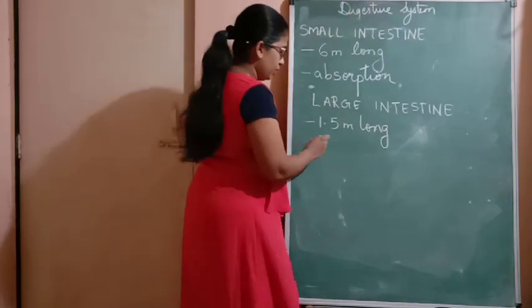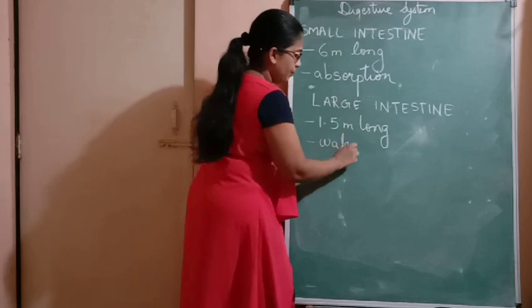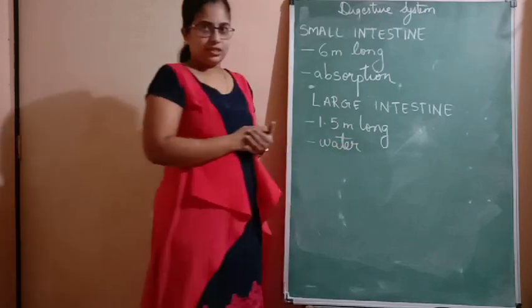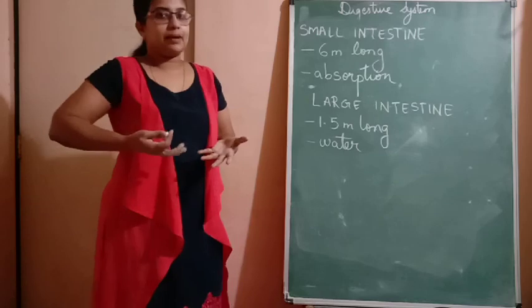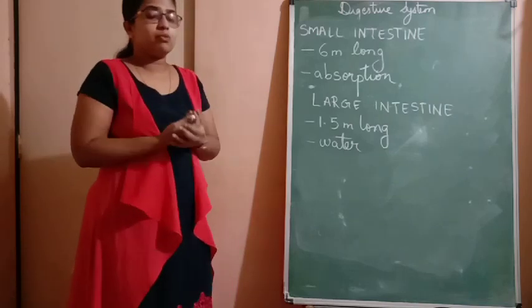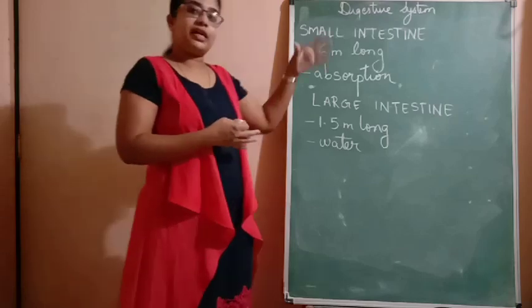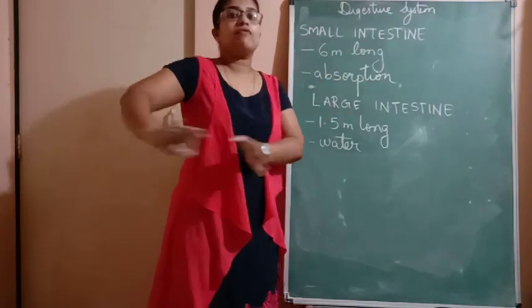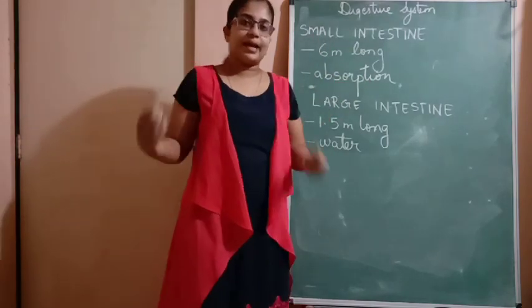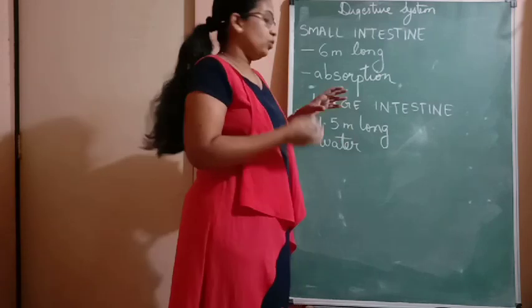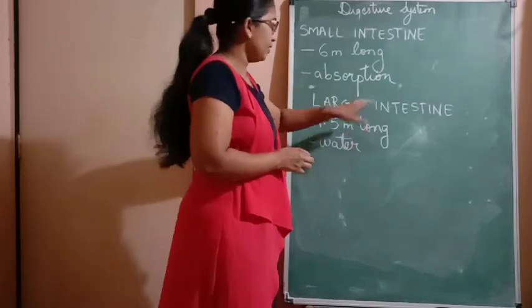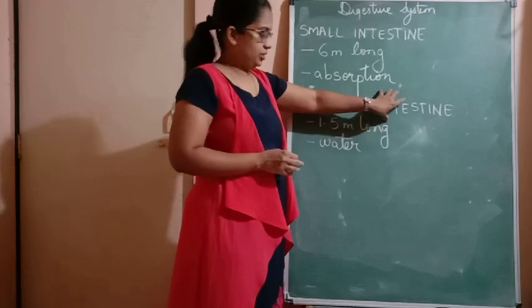So the water is reabsorbed in the large intestine, because our body doesn't want to waste much water. The amount of water that we use for digestion is large, so we don't want to waste all of it. So the water is reabsorbed to some extent. That happens in the large intestine.